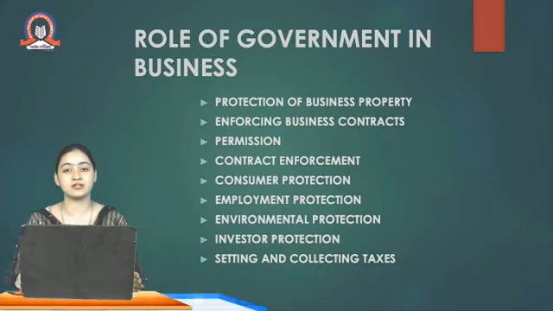Only after the registration, the registration letter and certification, are we supposed to start with our transactions. Then contract enforcement and consumer protection. If a consumer is exploited in any way, the consumer can directly approach the consumer court, and there are many levels that the consumer can reach to have justice.